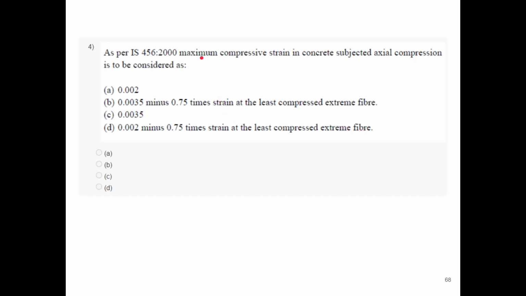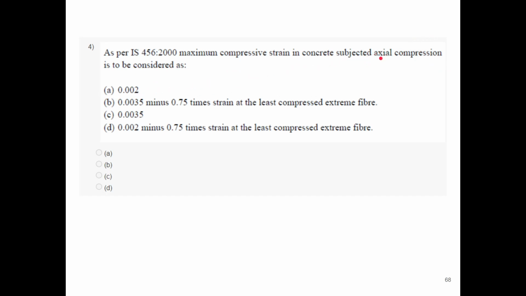So if you see, it is the maximum compressive strain in concrete subjected to axial compression. So that means it has to be 0.002 as per the IS code.